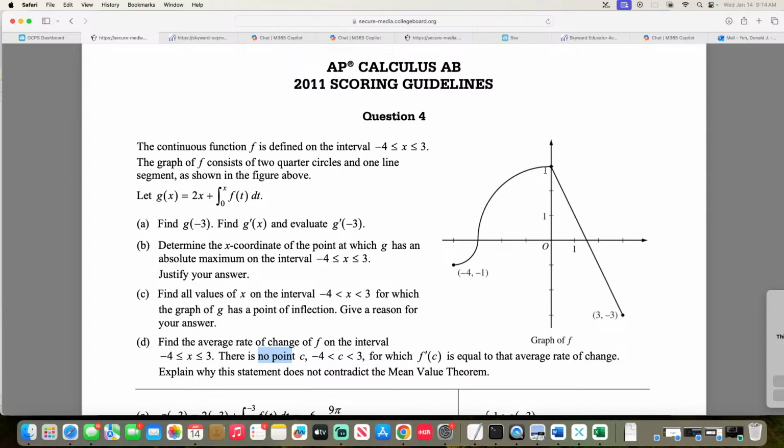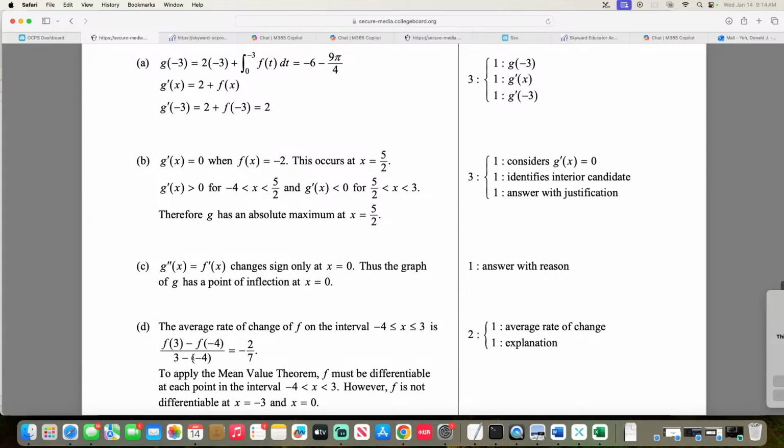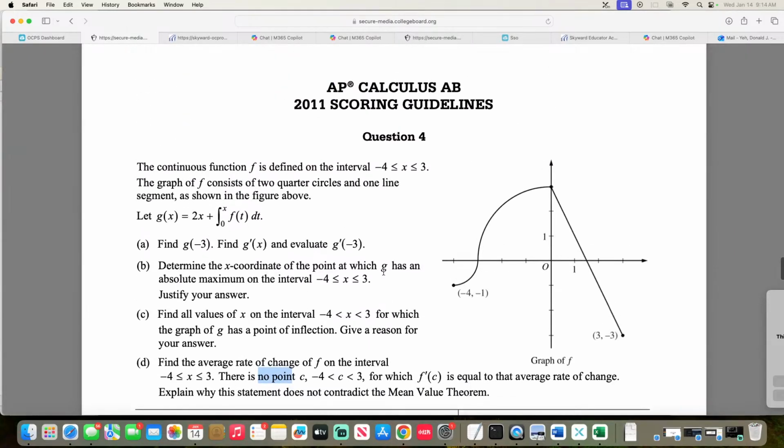Where did you get -2/7? You have to figure out what f of 3 and f of -4 are. So figure out what f of -4 is. f of -4 is equal to -1.